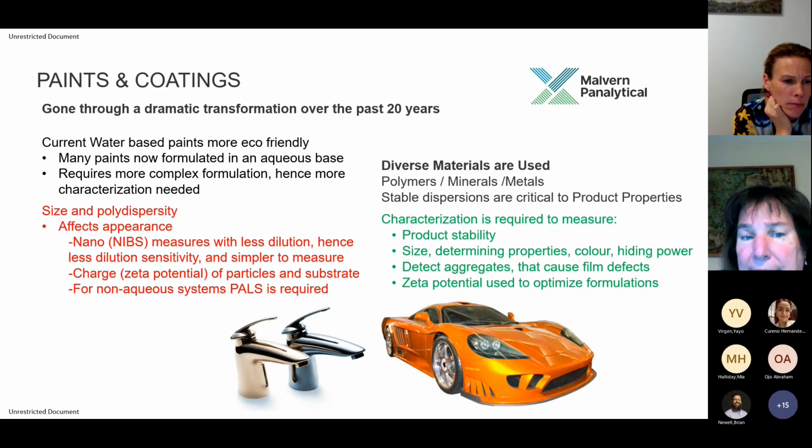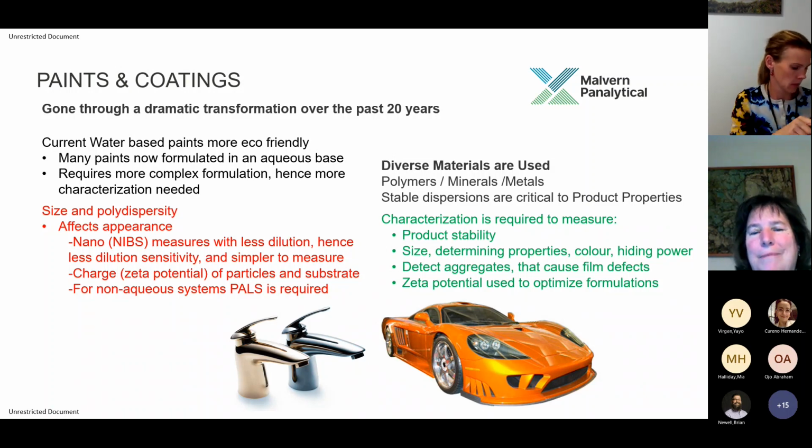So many paints are now formulated in an aqueous base, and that requires more complex formulations. And that means that more characterization is needed. And that's really always true in these complex products.